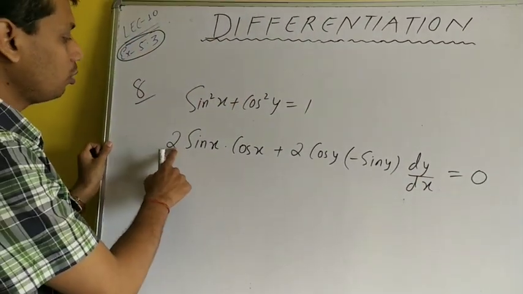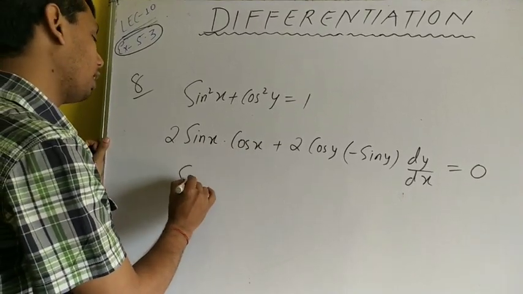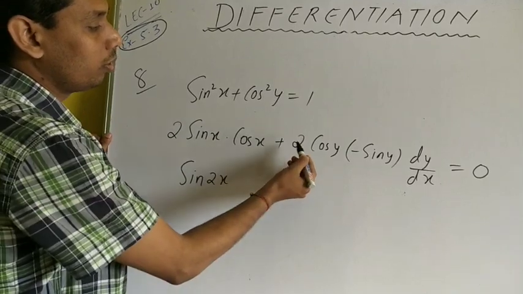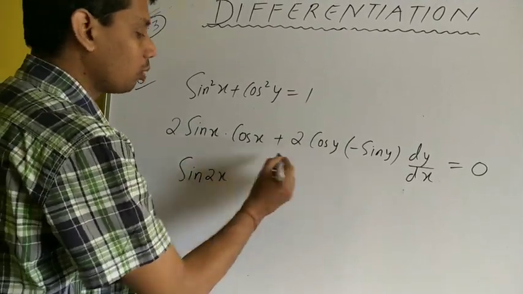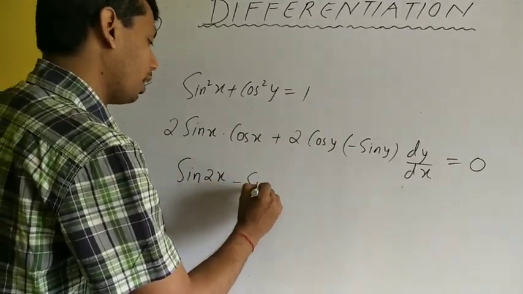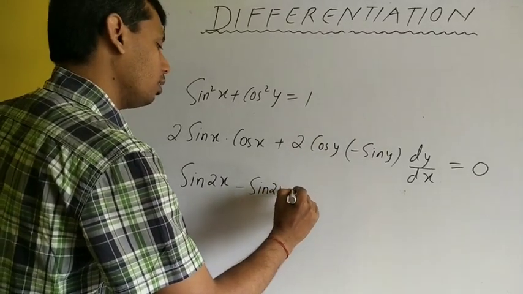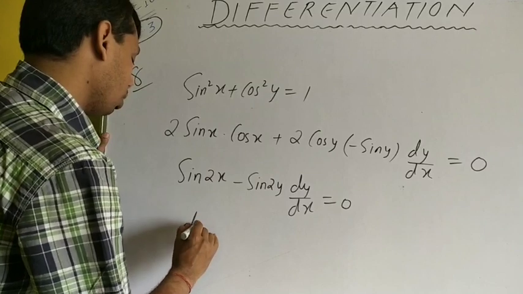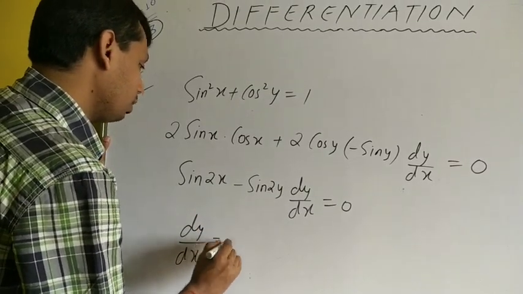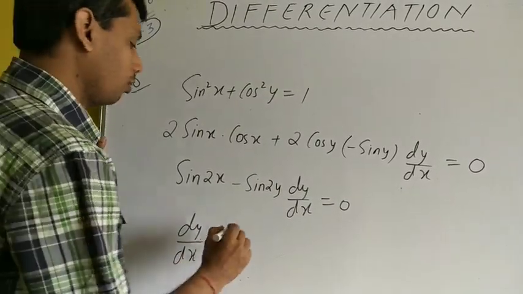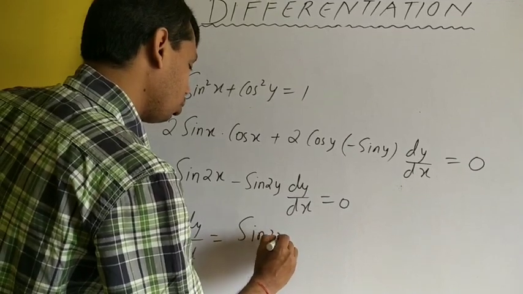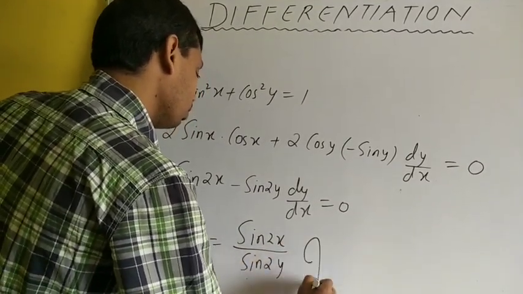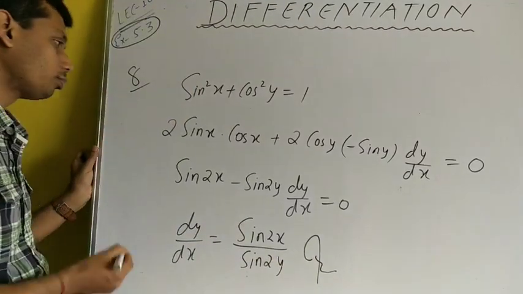Okay. 2 sin x cos x we can write as sin 2x. Now this is 2 sin y cos y, minus sin 2y dy by dx is equal to 0, or dy by dx is equal to sin 2x by sin 2y, which is the required answer.